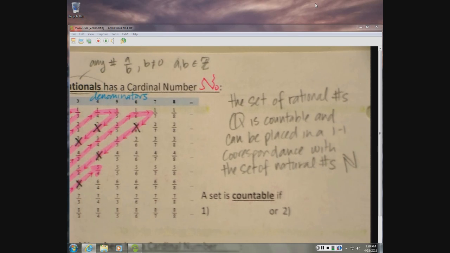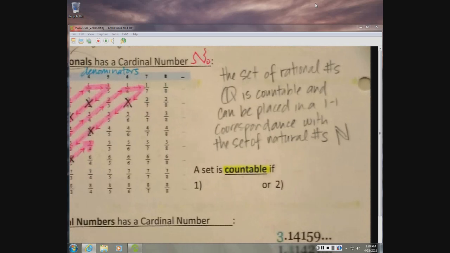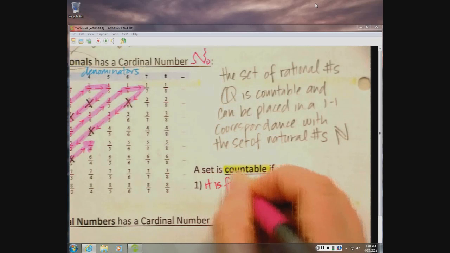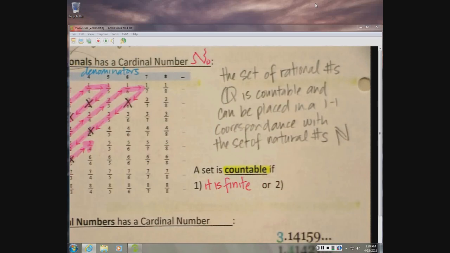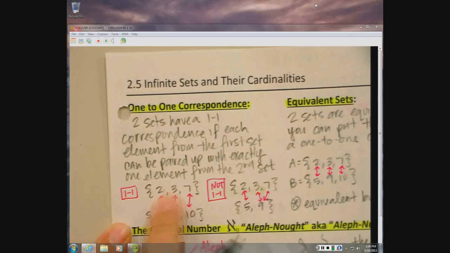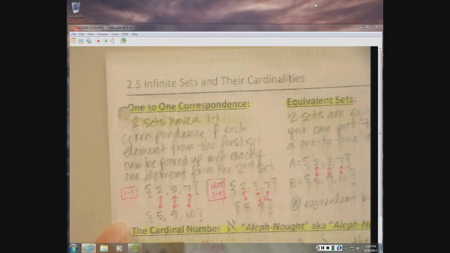And then let's just kind of nail down what it means to be countable. We can say that a set is countable if it's finite. Finite meaning it does not go on forever. For example, this is a finite set. It only has 3 elements. It does not continue.